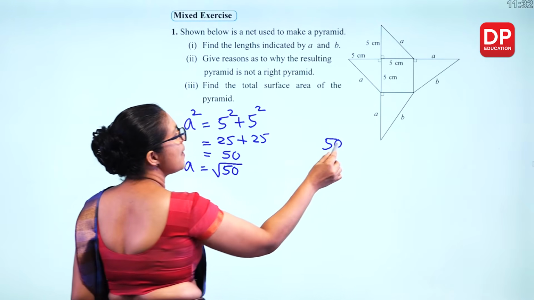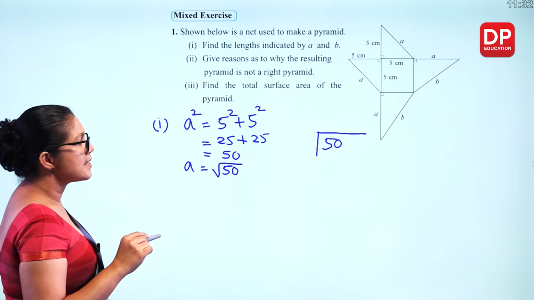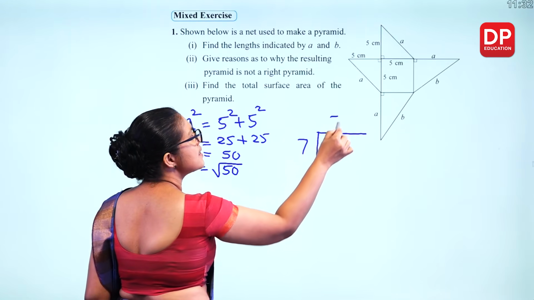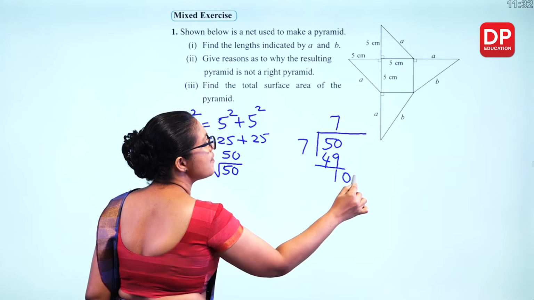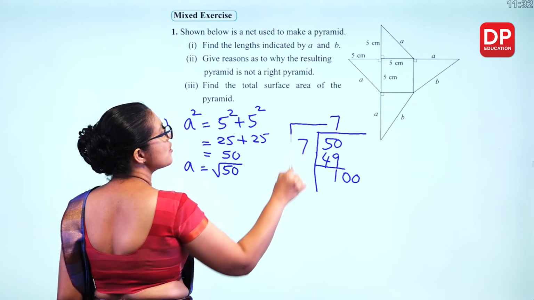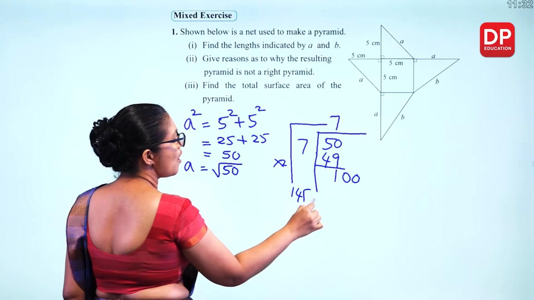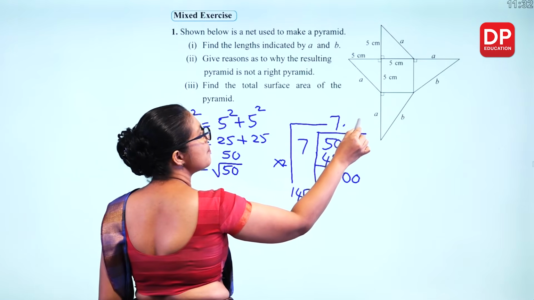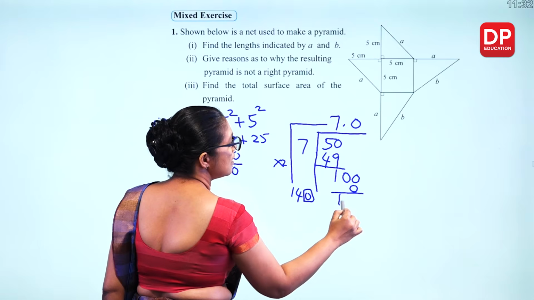Take the number, pair it up, and see how many numbers there are. So for 50, what's the closest number? 7 times 7, 49. 1 remaining. For 100, you need to find the number. First multiply by 2: 7 times 2 is 14. You have to find 140 something for 100, so definitely this should be 0. So with 0, you get 100.